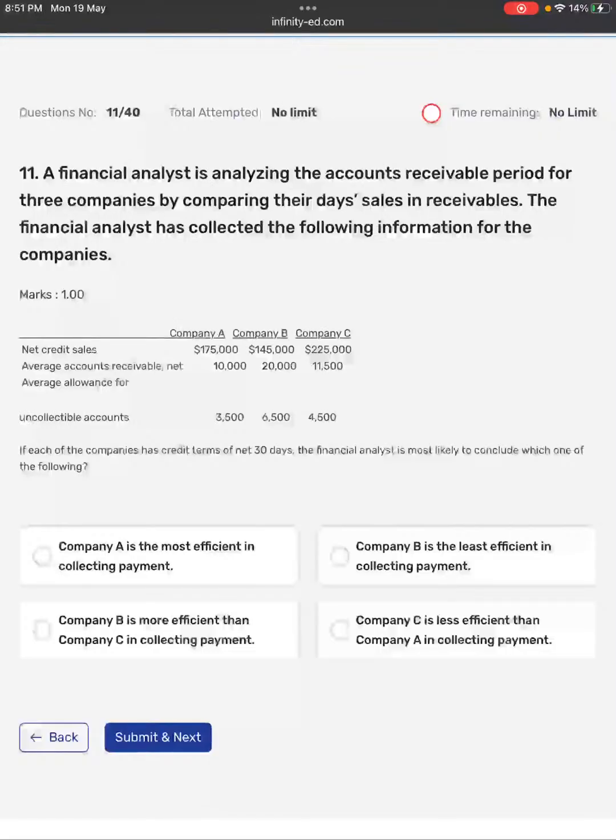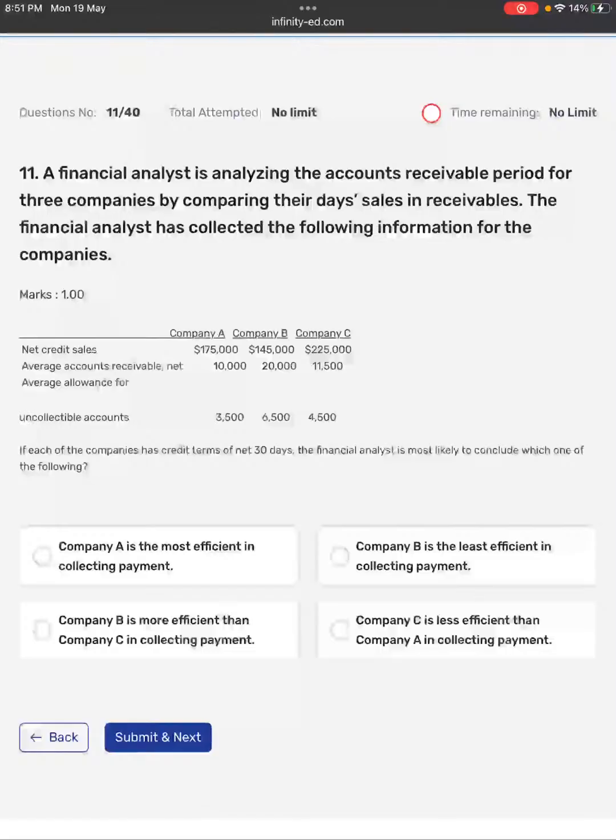Credit sales given, average receivable given, means we have to calculate receivable turnover ratio. If we calculate receivable turnover ratio, what will it be? For company A, 175,000 credit sales divided by average receivable 10,000 comes to 17.5.